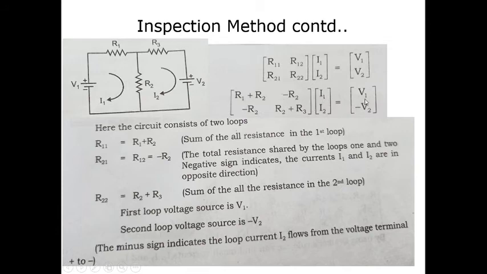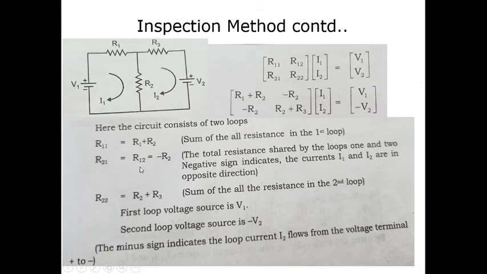Now let us see how to take the voltage. When the direction of voltage and current is the same, current going from negative to positive, V1 is positive. But here the direction of current is positive to negative, so it is minus V2. So R11 is equal to R1 plus R2, the sum of all resistances in the first loop.